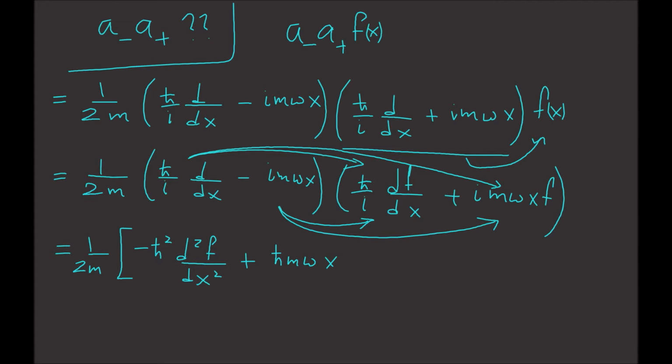Oh, you see, I almost made a mistake. We're going to take the derivative on xf, so we have the chain rule here. We have d dx of xf, and these are 2 functions, the x function and the f function. Minus i, the i is going to cancel. We have h bar m omega x f df dx.